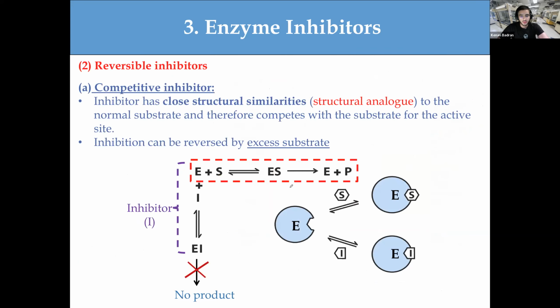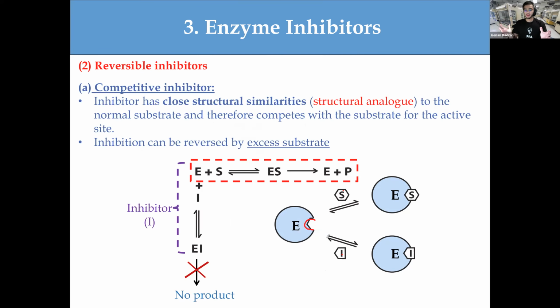Different inhibitors have different effects on the enzymes. In a competitive inhibitor, basically both the substrate and the inhibitor are fighting for the same active site. They both want to bind. So when you have two people fighting for the same place, the enzyme will be confused on which one to take.